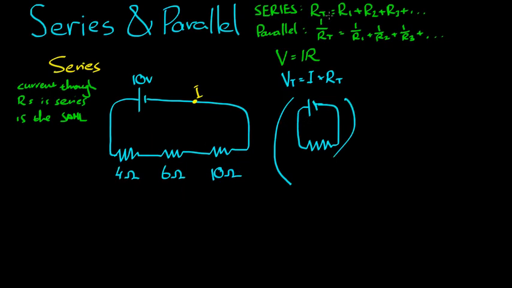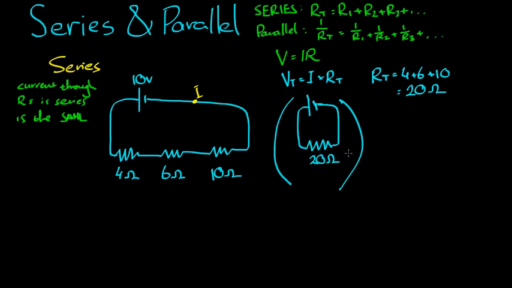The way we do that, we say the total resistance is equal to the resistance of the first component plus the second plus the third, plus any others if we had them. So R total equals 4 plus 6 plus 10. That's 20 ohms. So from the perspective of the battery, all it can feel is this 20 ohms resistance.